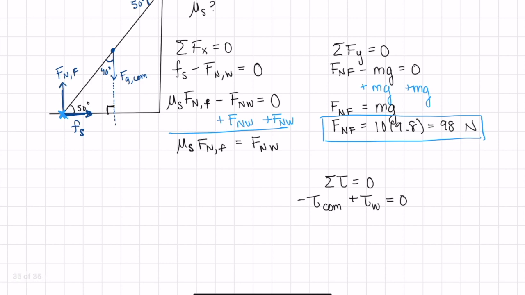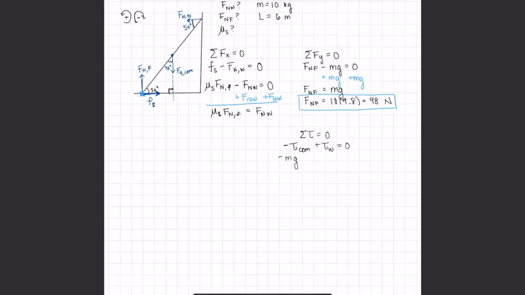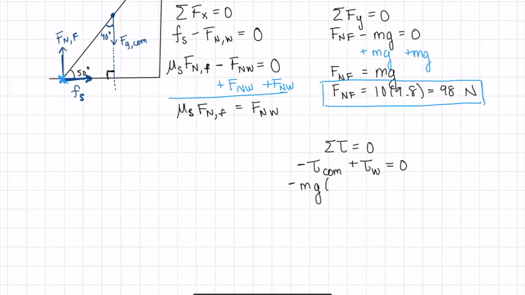The torque center of mass is going to be our mg times the distance from the pivot, which is going to be L over 2, and then times the sine of 40. Our tau from the wall will be the normal force from the wall times L times sine 50, and that is all equal to 0.